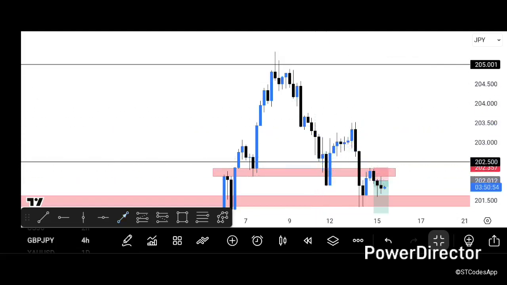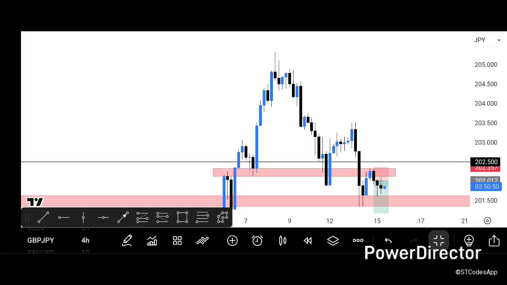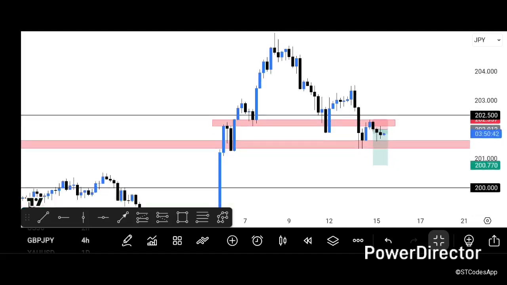So now, what are we looking for on GJ right now? GJ is at a low. Price is basically making lower lows and lower highs, lower lows and lower highs.